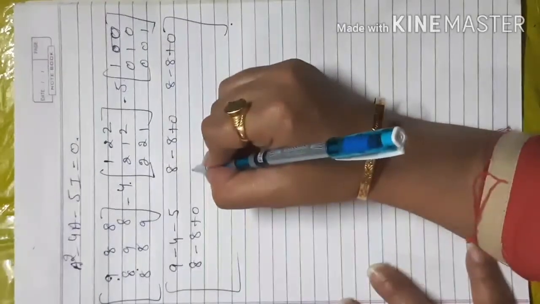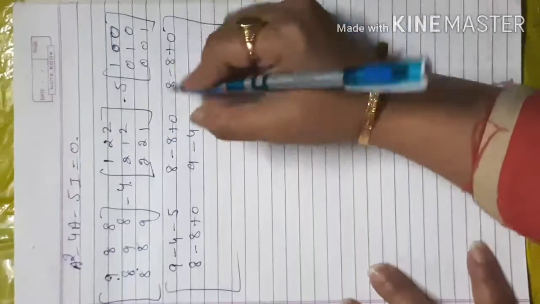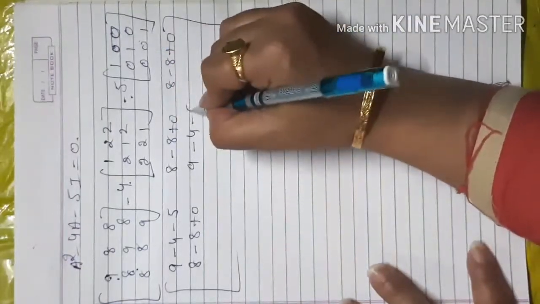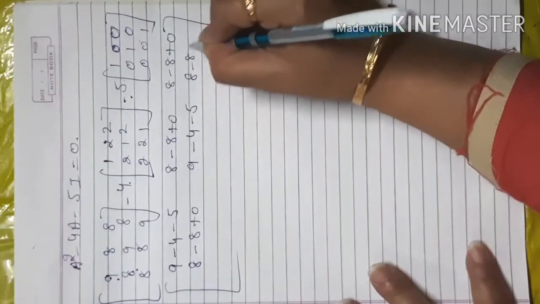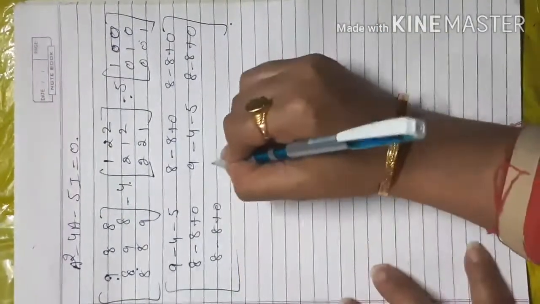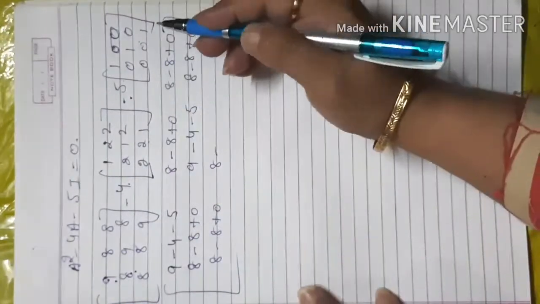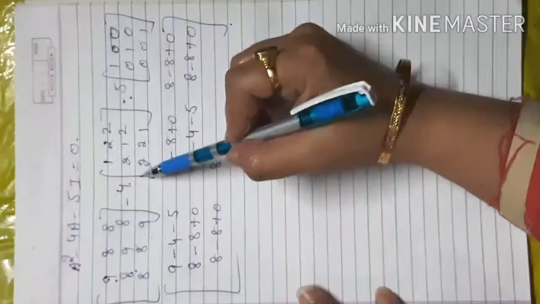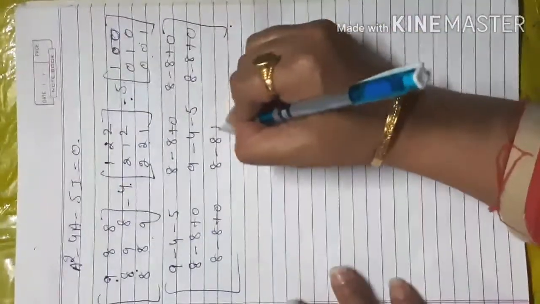So this will be 9 minus 4 minus 5, then 8 minus 8 plus 0, 8 minus 8 plus 0, 8 minus 8 and 8 minus 8 plus 0. So that is the same as 0.